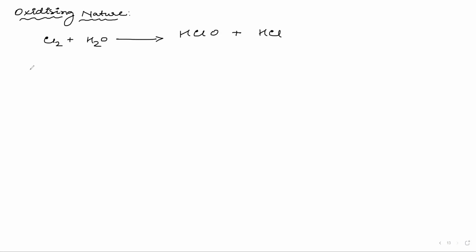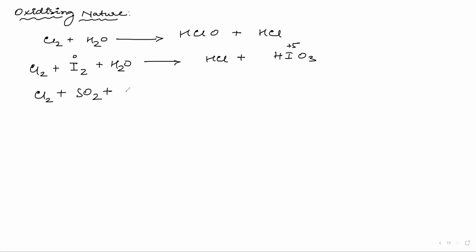Next, I2 plus H2O: you will get HI plus HIO3. Here you had iodine in 0 oxidation state, and here the oxidation state is +5.